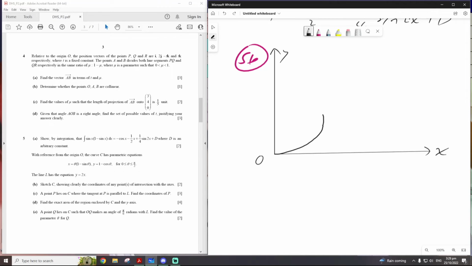So what's the gradient at that point? Is there a gradient? Oh, the gradient is just infinite. Almost. So it kind of intersects at like a parallel to the y-axis kind of thing. A bit hard to draw.